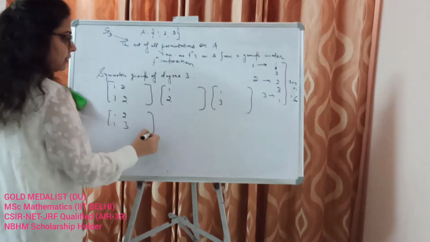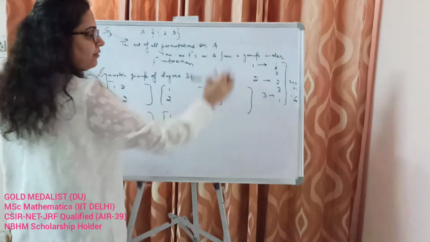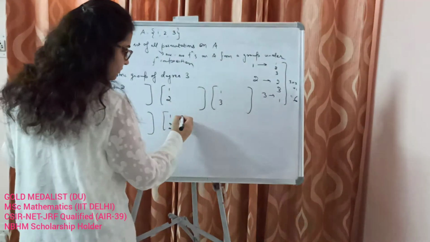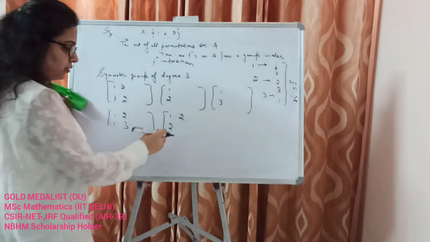Similarly, if 1 takes 2, 2 is left with 2 options, 1 or 3, because 2 is already gone.